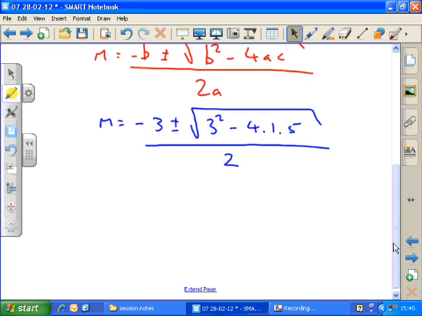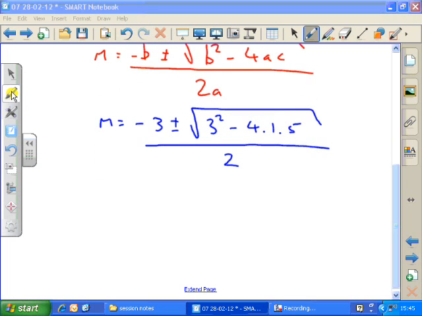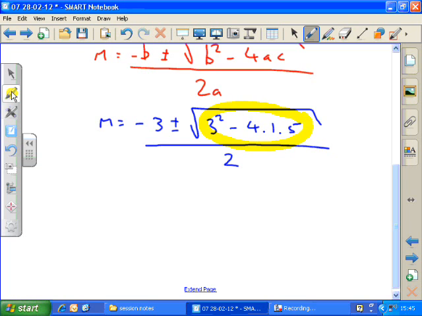Looking at this square root, we can see 3 squared is 9 minus 20. We're going to get a negative root, so we're into a complex solution. So m equals minus 3 plus or minus the square root of 9 minus 20 is minus 11, all over 2.